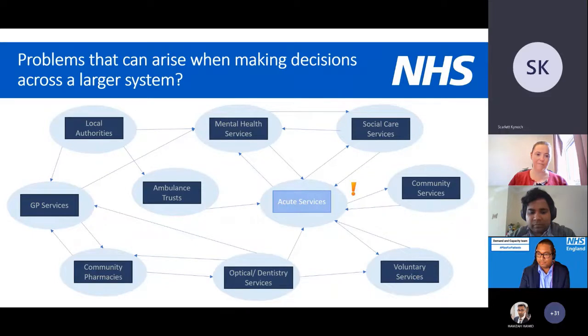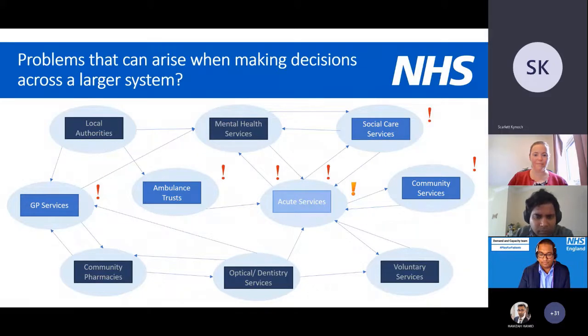Maybe it's not completely resolved, but it's better than it was. Now, sometimes because of how interconnected things are, this could actually result in more issues arising in the acute service itself. Or it could result in issues arising in services that are either directly or indirectly linked to this provider, depending on the solution.